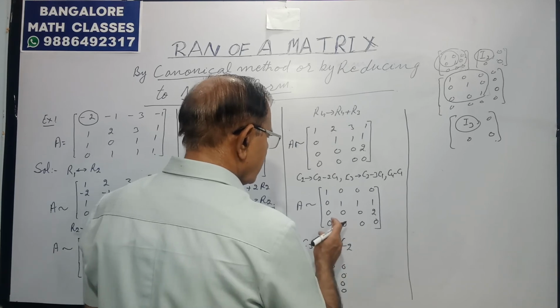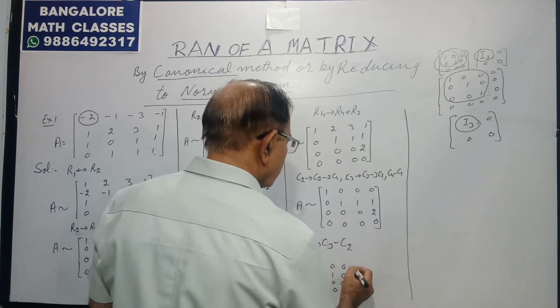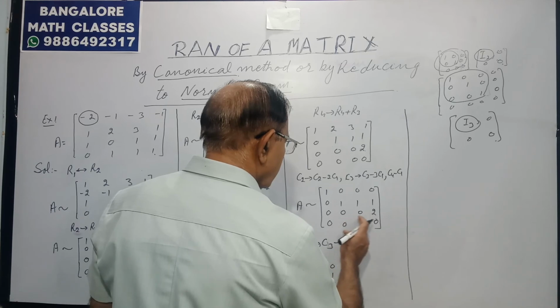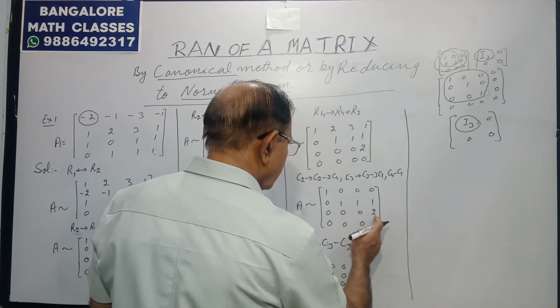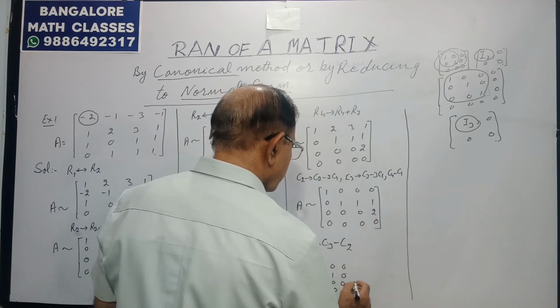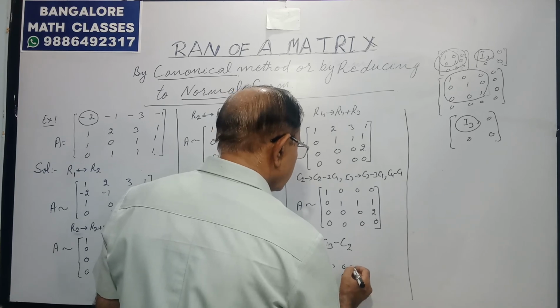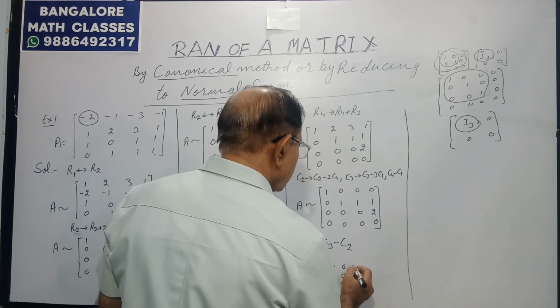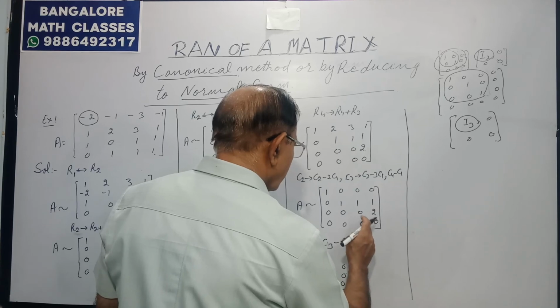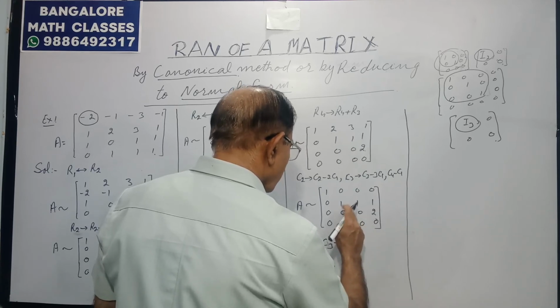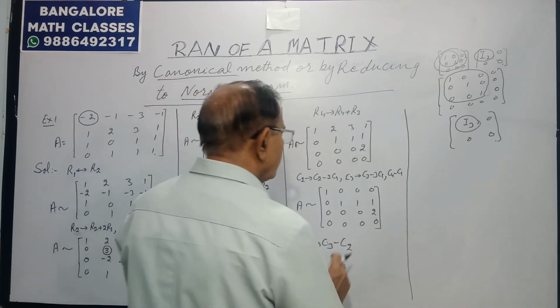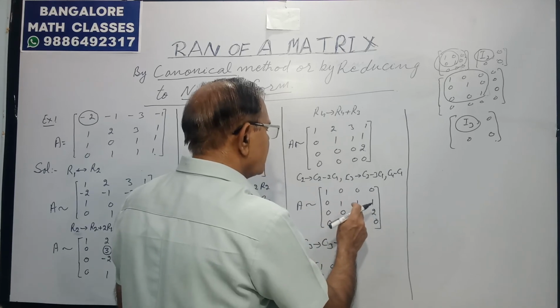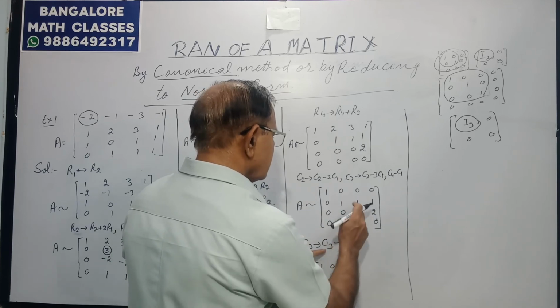Then here we are getting, we can't make any kind of adjustment I think in this. Here what we can do: I think I have missed one entry here. C3 minus C2.